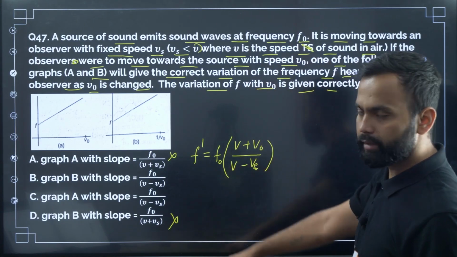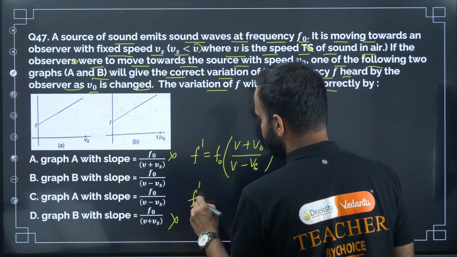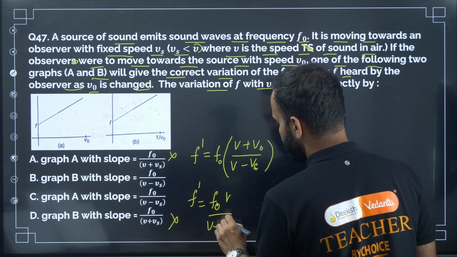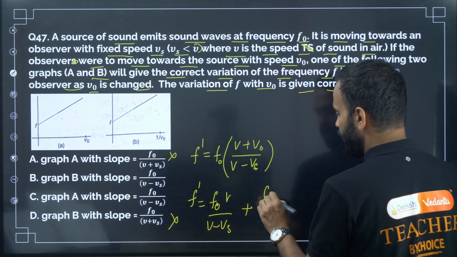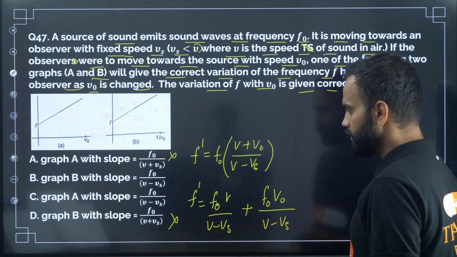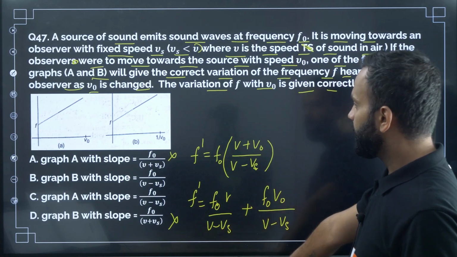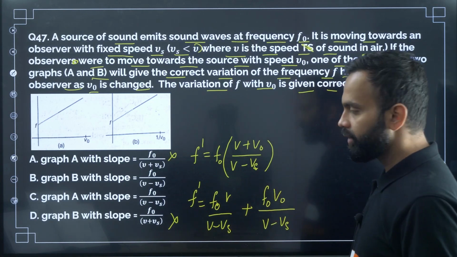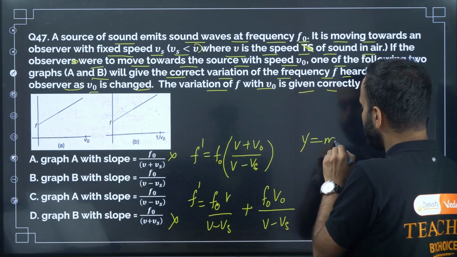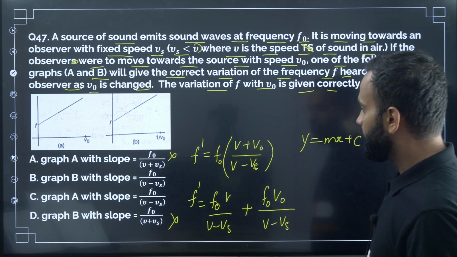We need to find the correct option between B and C. Now f dash is equal to f0 into V divided by V minus Vs plus f0 into V0 divided by V minus Vs. So we know the straight line equation y equal to mx plus c.